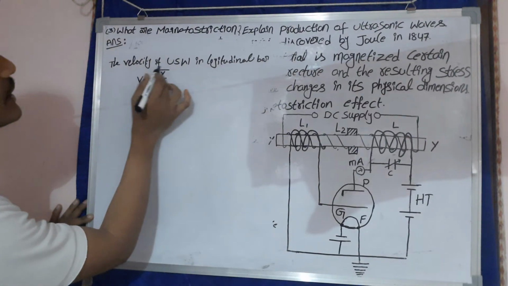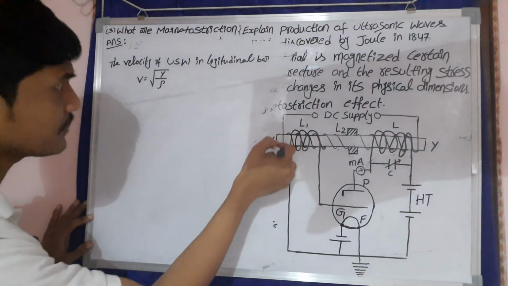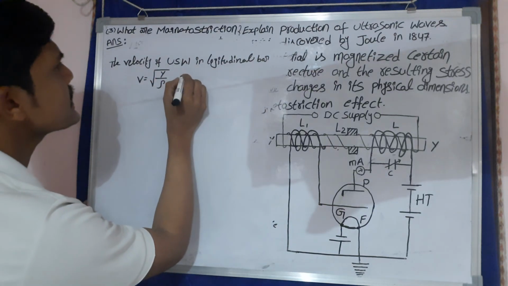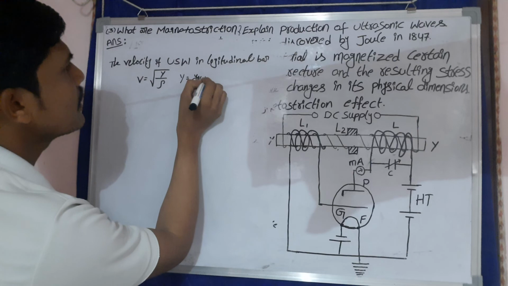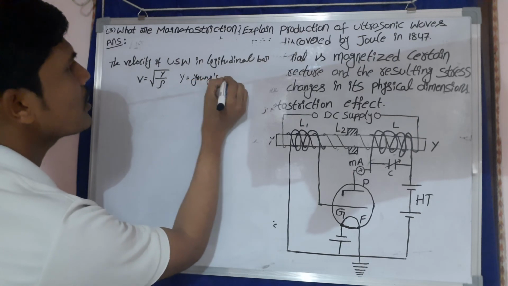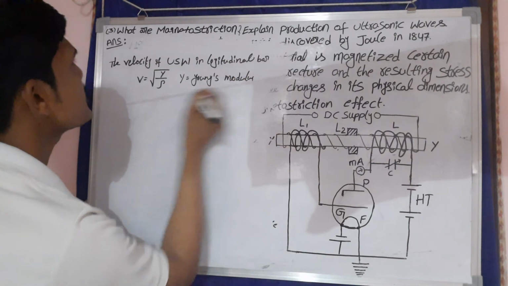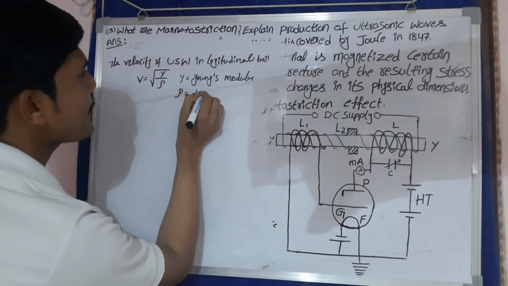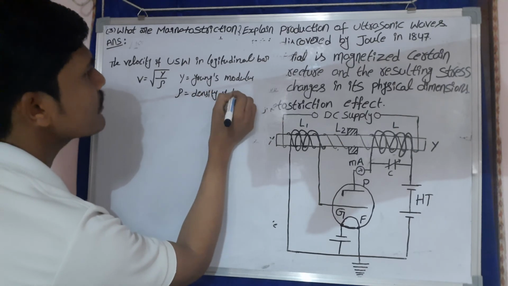V means velocity, Y means Young's modulus, and rho means density of the bar.